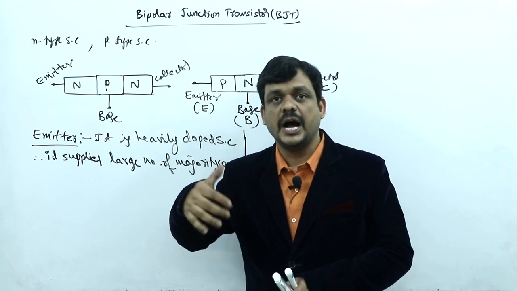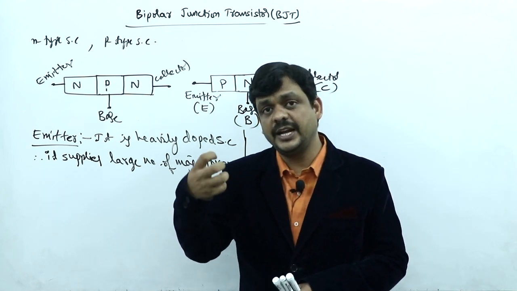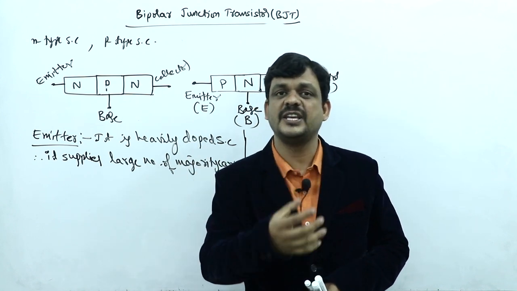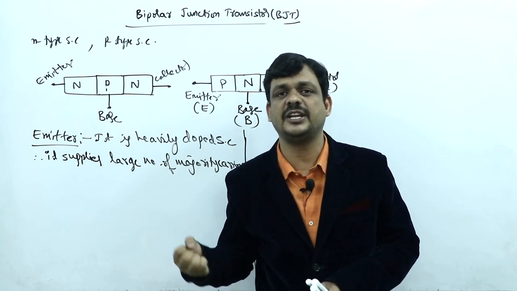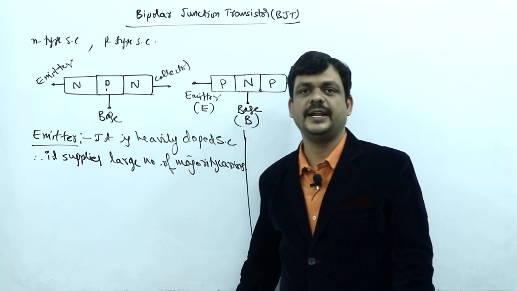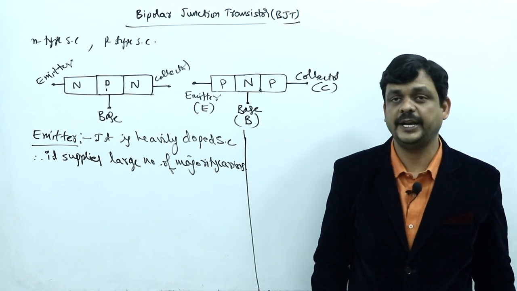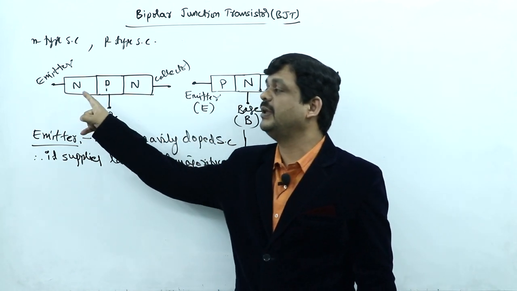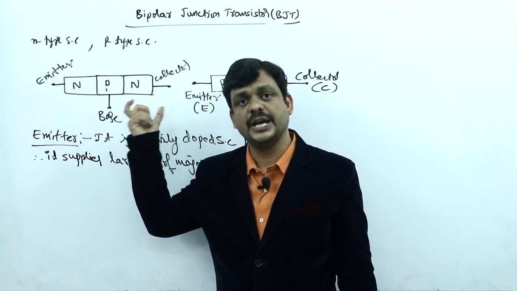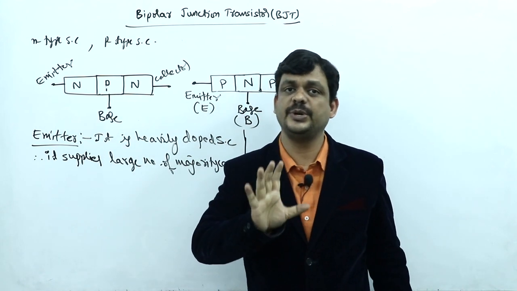So a highly doped semiconductor internally has more majority carriers, and it always supplies and emits them. That's why the name of this semiconductor terminal is emitter.